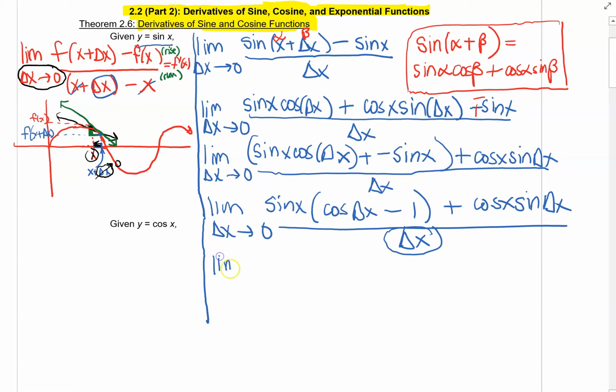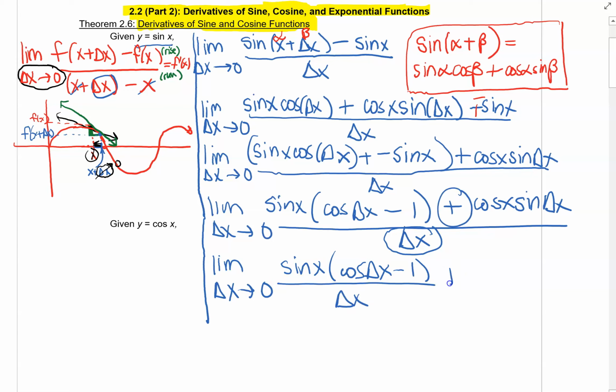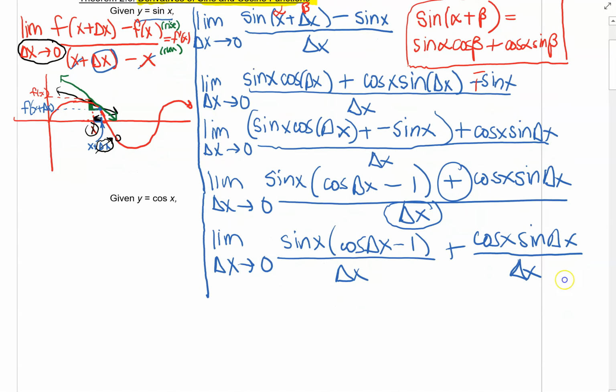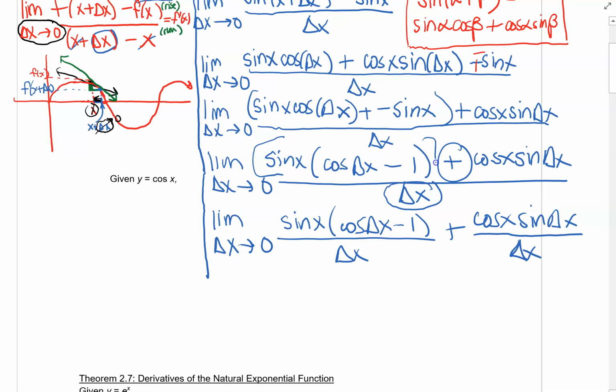I'm going to do the limit as delta x approaches 0, and I'll do this part first: sine x times cosine of delta x minus 1, all over delta x. And then I'll add that second part, cosine x times sine of delta x, all over delta x, because since they have a common denominator, you can write each part over that common denominator.